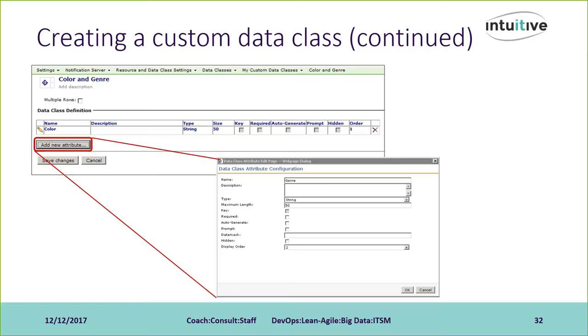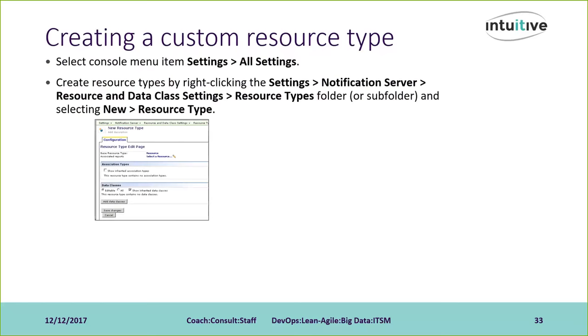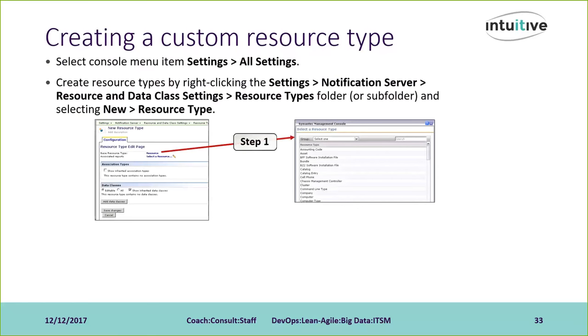Next up, creating a custom resource type. Resource types, again, are found in the console in the same area under resource and data class settings, under resource types. We'd click the resource type, then select the base resource type. The data classes and resource associations defined in the base resource type will automatically be inherited.